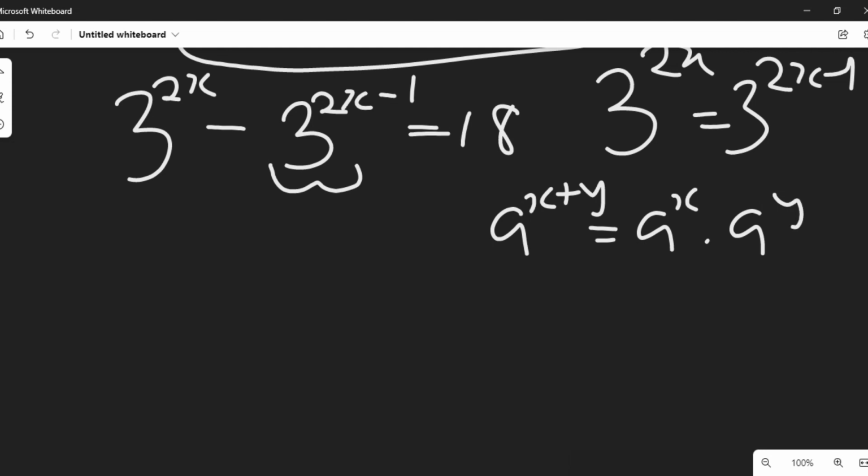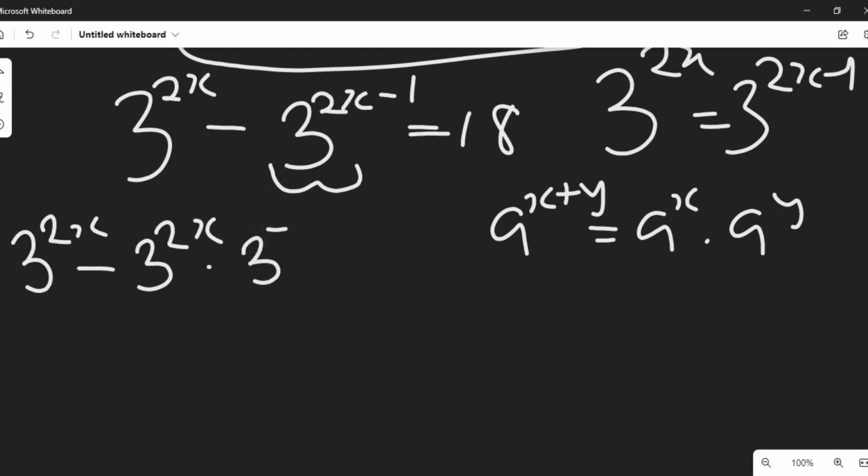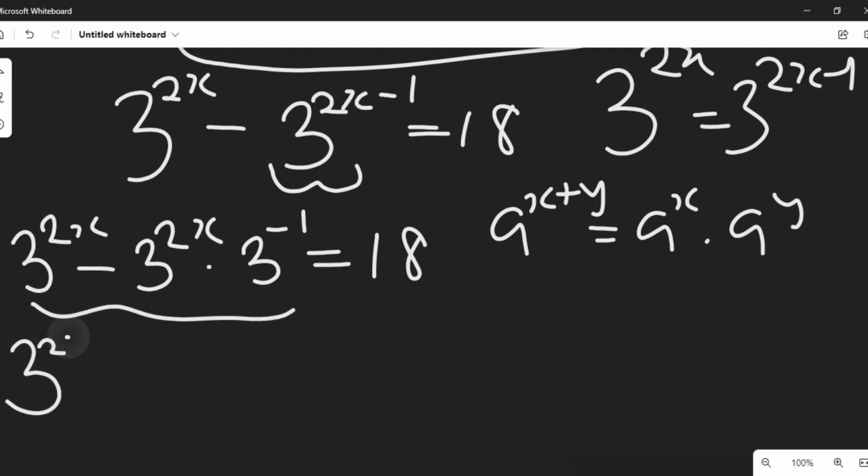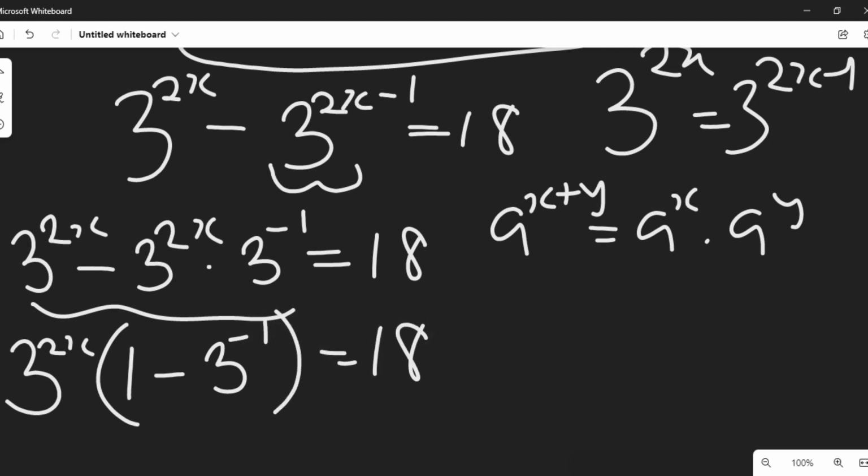So if we apply that here, we'll have 3 raised to power 2x minus 3 raised to power 2x multiplied by 3 raised to power minus 1 equal to 18. You find that 3 raised to power 2x is common, so we'll bring it out. This will give us 3 raised to power 2x times (1 minus 3 raised to power minus 1), and this will be equal to 18.